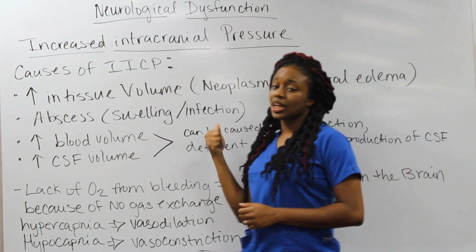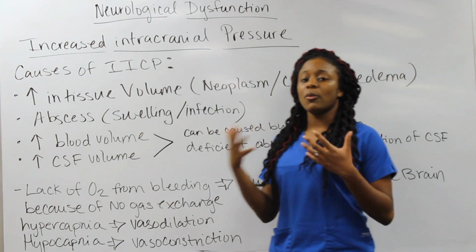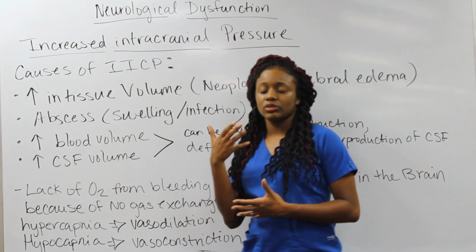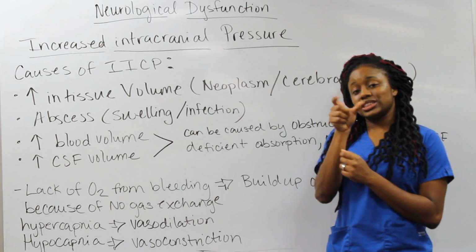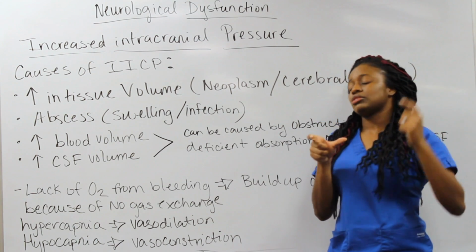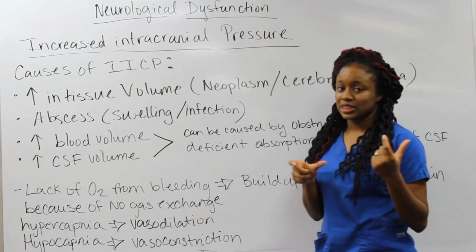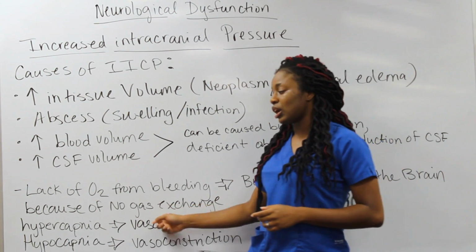Well, when it comes to the brain, it's a little bit different. When you have vasodilation, it causes more intracranial pressure. Why? Because now that vessel is dilated, more blood is able to flow through. So now I have more blood going into that area, which causes more swelling, more pressure, which is something that we do not want.